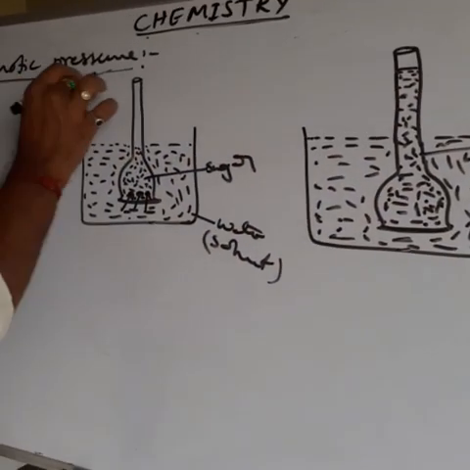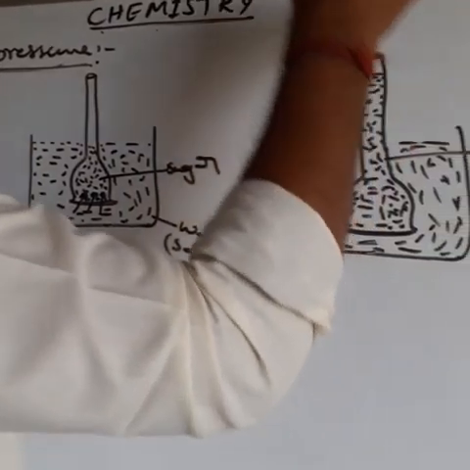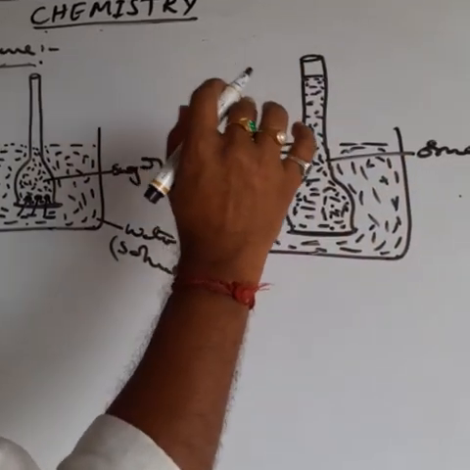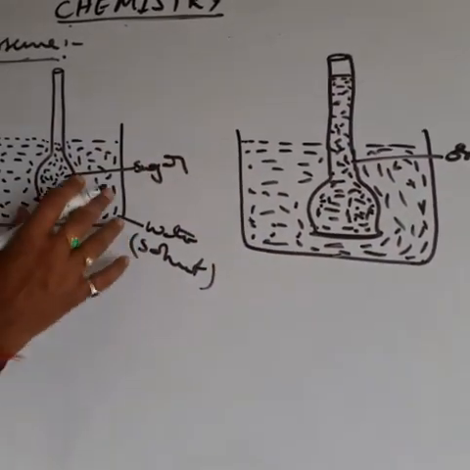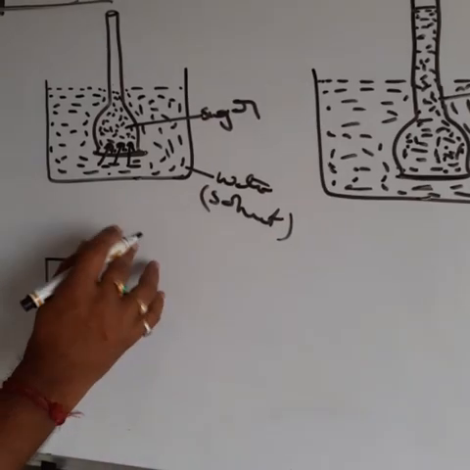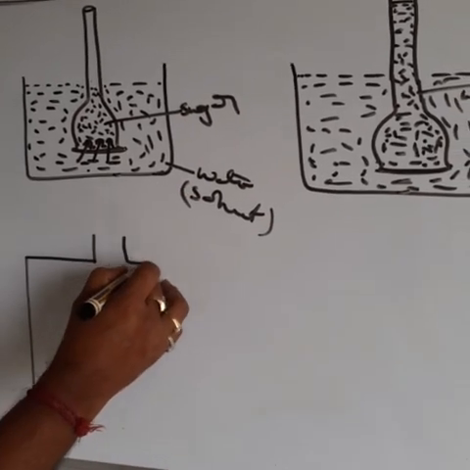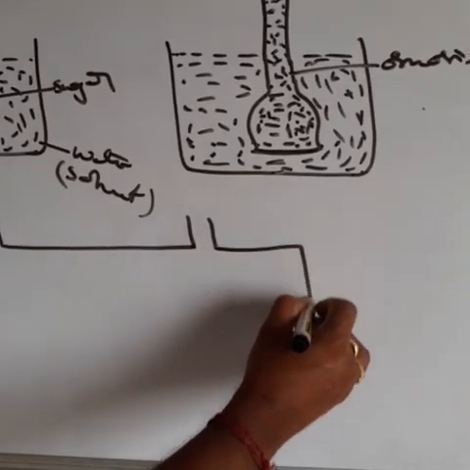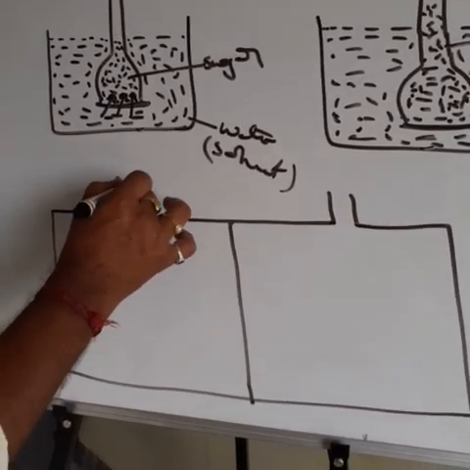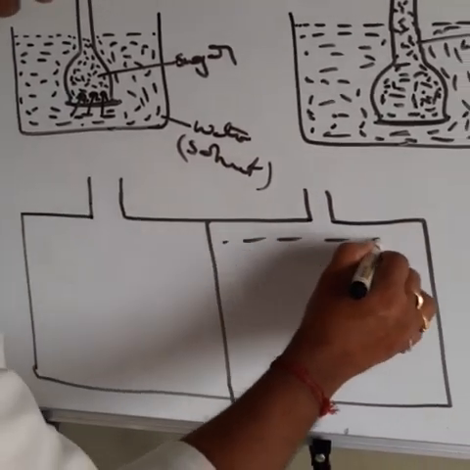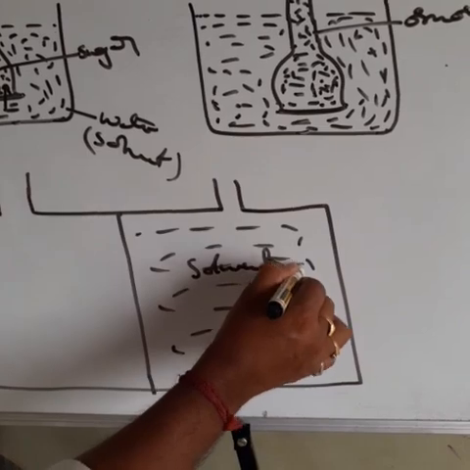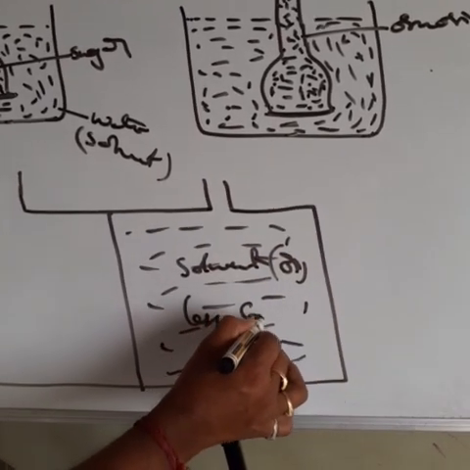Then what about the osmotic pressure? If you apply pressure more than osmosis, see here. So this is osmosis. The next one is osmotic pressure; see here one example. This is the semi-permeable membrane. This is the solvent or less concentrated solution.